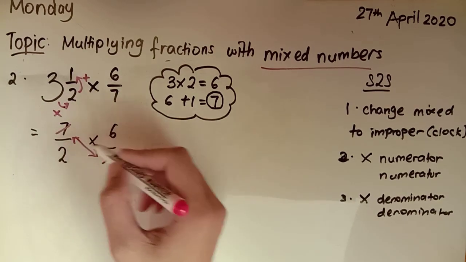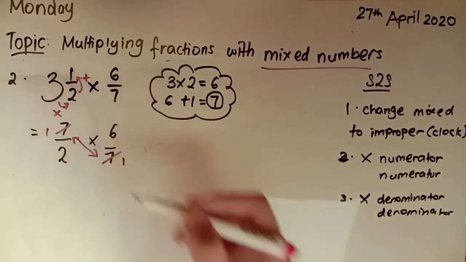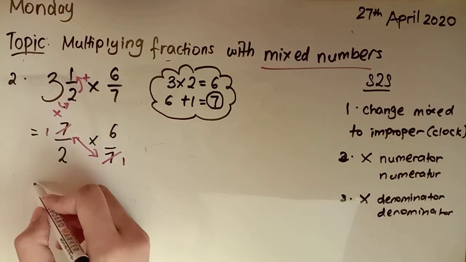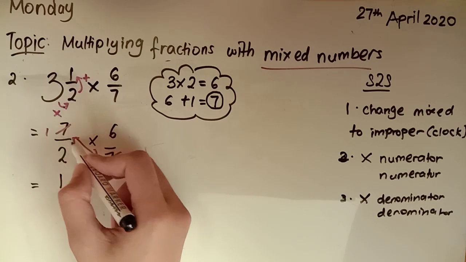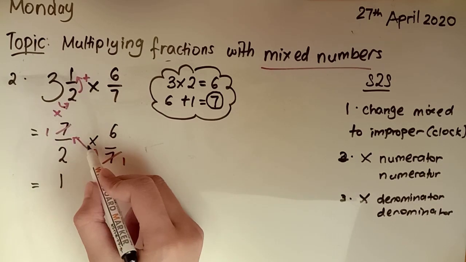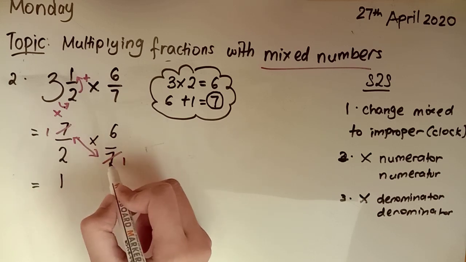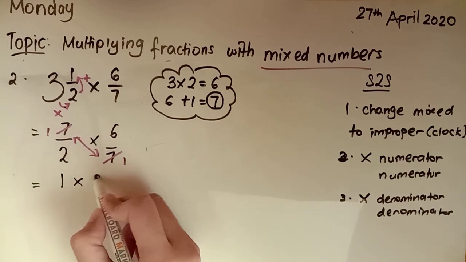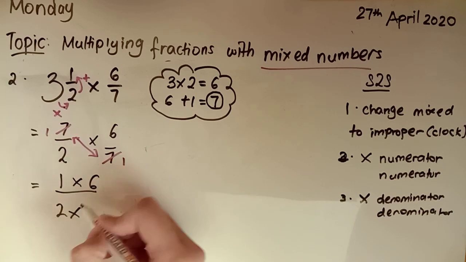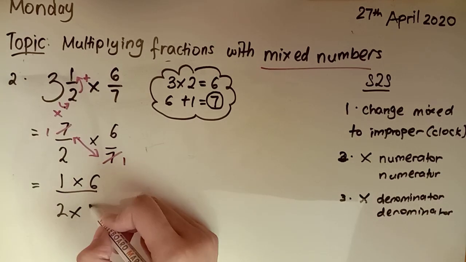Okay, when you cancel, this becomes 1 and this becomes 1. Okay, so yang tinggal ialah 1. Okay, pasal jadi 1 kan? Numerator times numerator, denominator times denominator. 1 times 6 over 2 times 1.